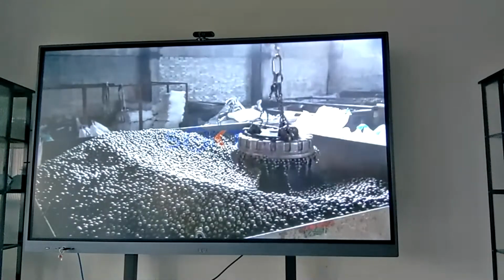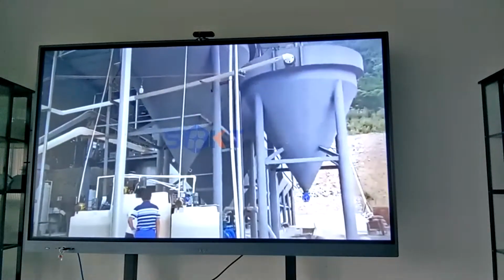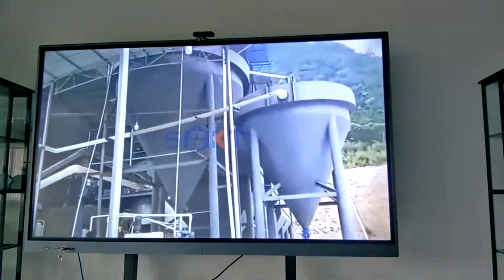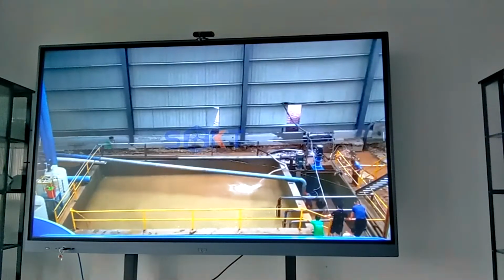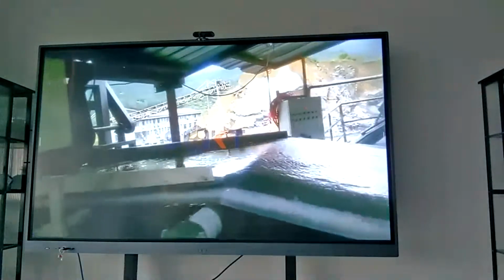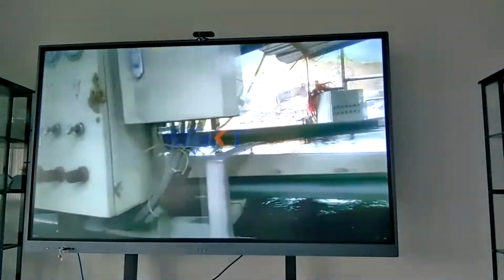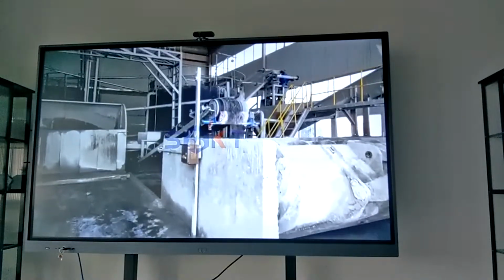For process selection, tests note that fine grinding of the ore is required, followed by leaching in a stirred tank. High recovery rate, but the investment and the cost are much higher than heap leaching.